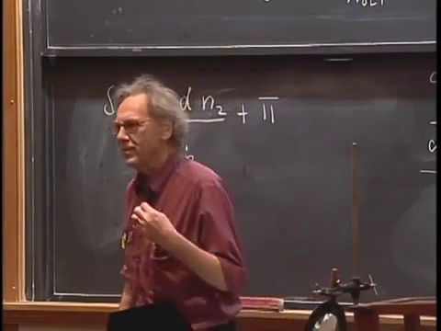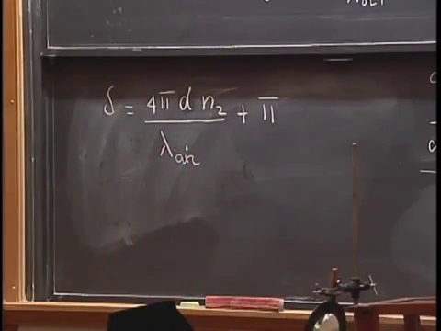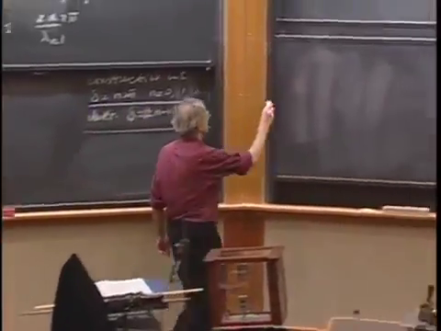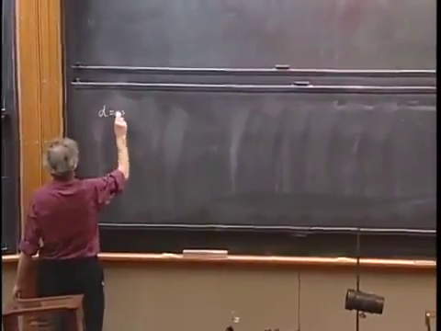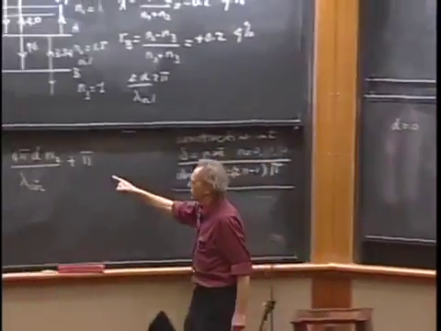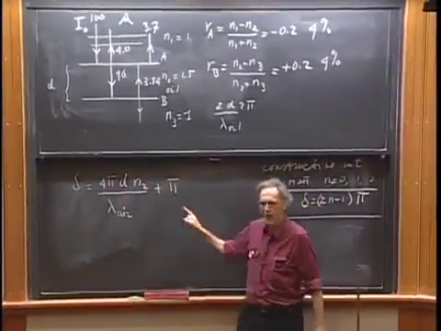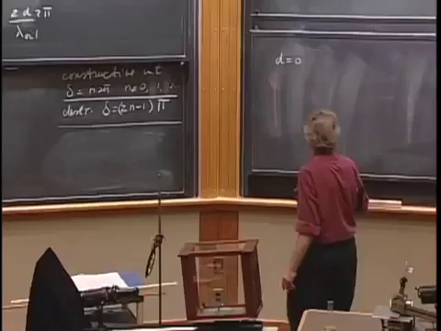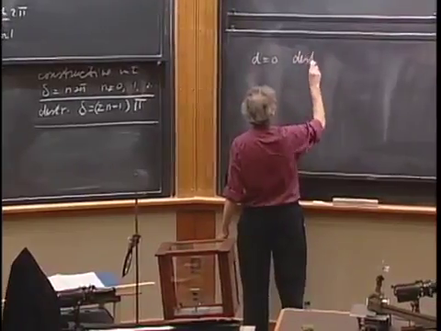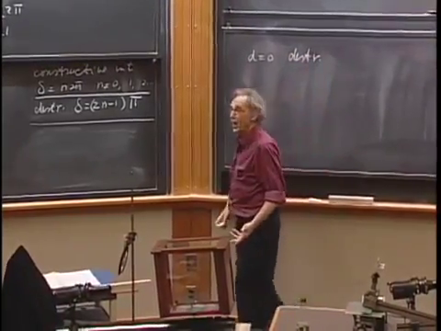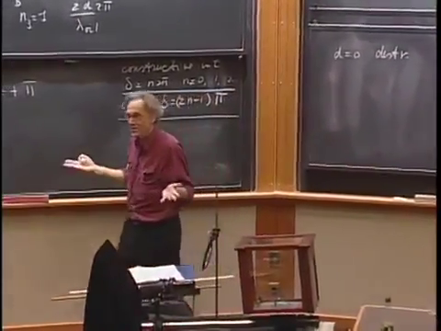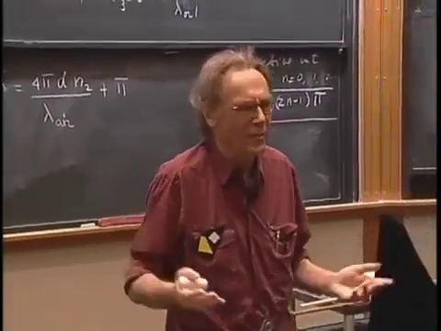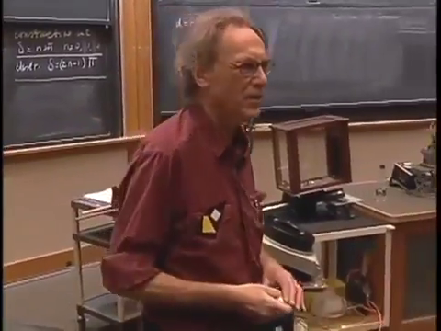The first very interesting case is that if you make d equals 0, you kill this whole term and you only have pi, so that's destructive interference. So there's no question, destructive. Now you may say, yeah, zero film, what kind of nonsense is that? Is that meaningful? Yes, it is very meaningful. I will demonstrate it to you.